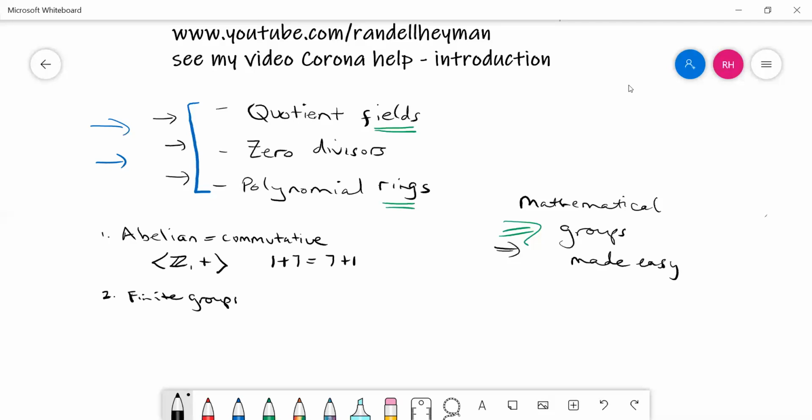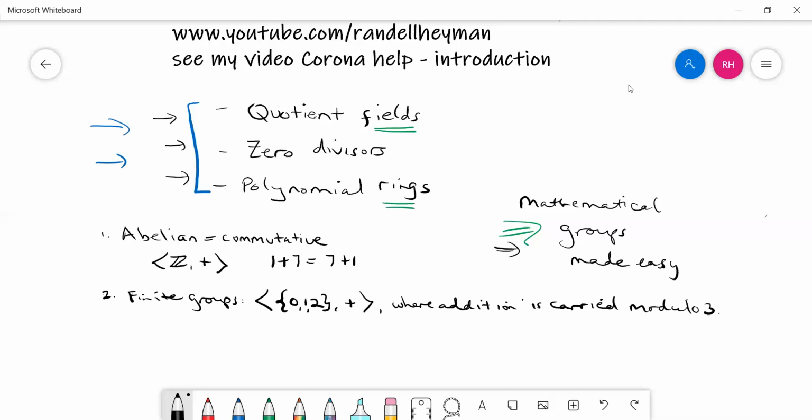The second thing is that you can have finite groups. In other words, you can have a group that only has a finite number of elements in the set. Here's an example: I'm going to use the set 0, 1, 2, and the operation will be addition, but carried out modulo 3.